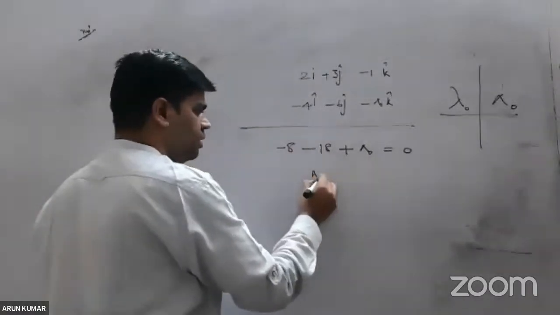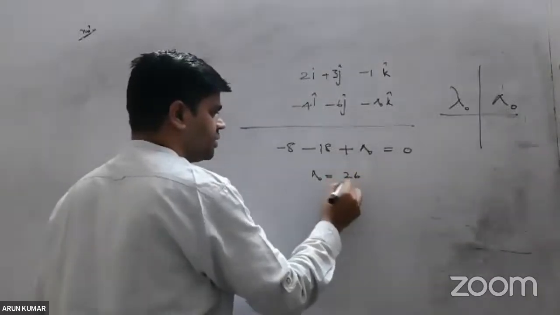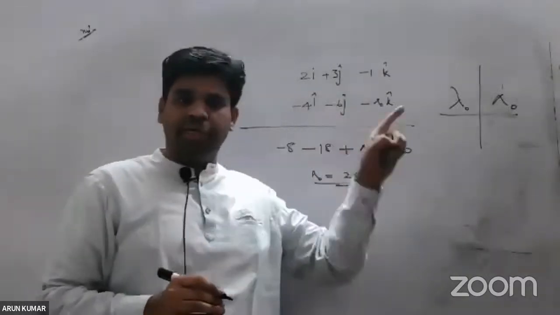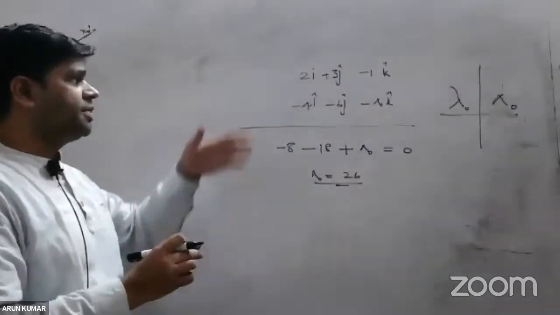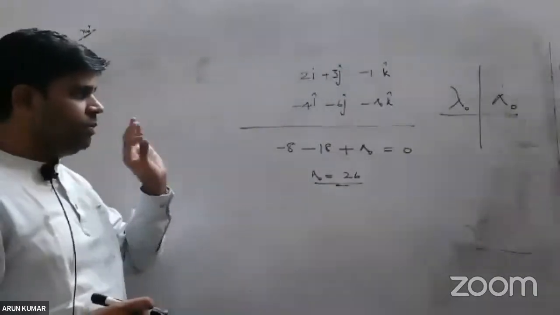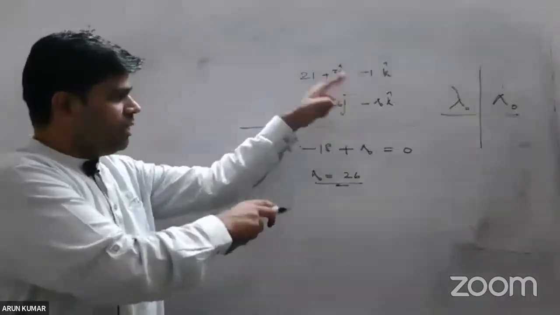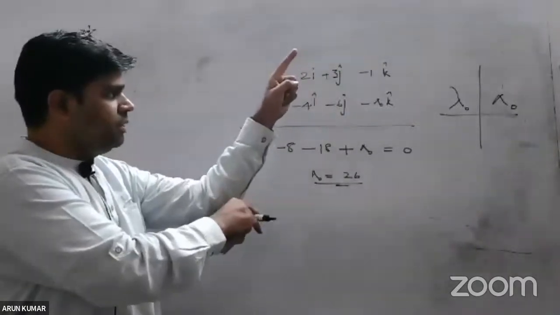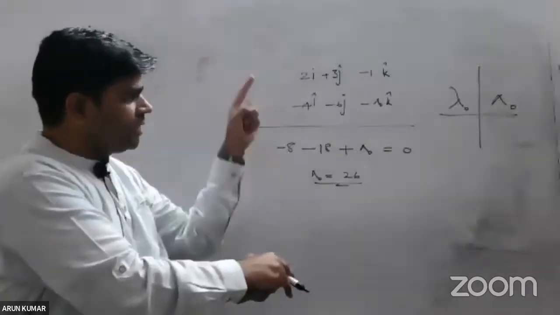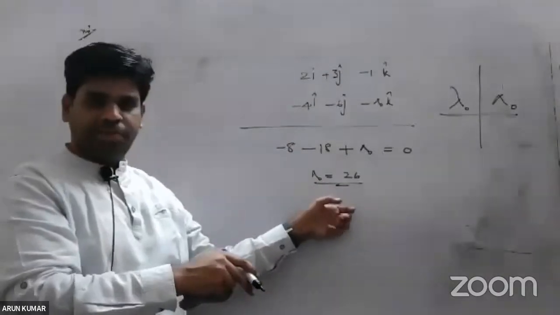So lambda naught is 18 plus 8, which is 26. So lambda is supposed to be 26 if these two are to be perpendicular to each other. I cannot draw these vectors because they are three-dimensional vectors, so let's do it algebraically. But the point is, if this vector is this way, the other vector depends on lambda. It could be anywhere like this, right? This vector is perpendicular to it only when lambda is 26.